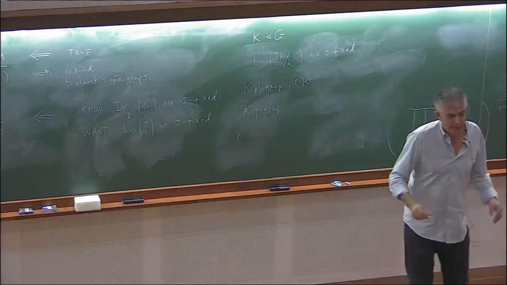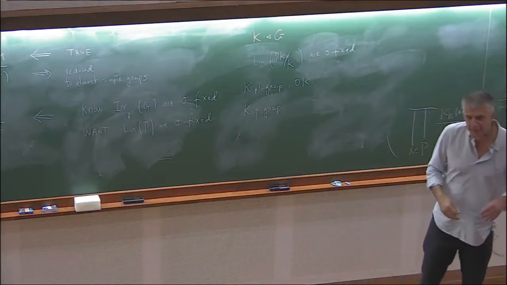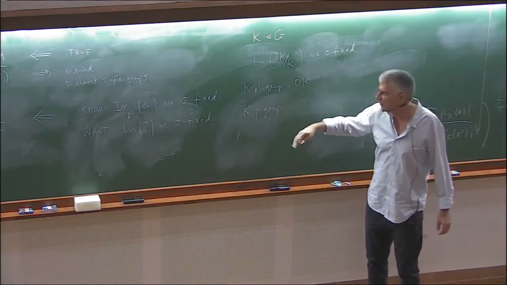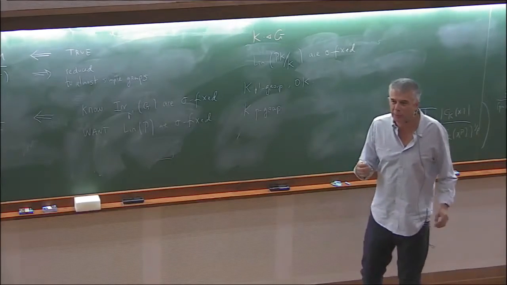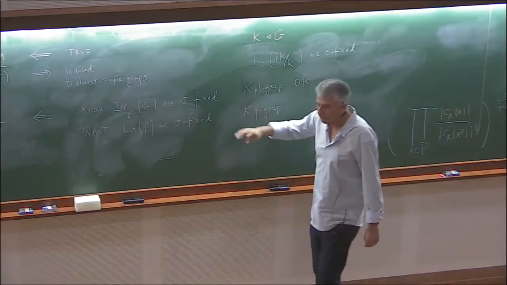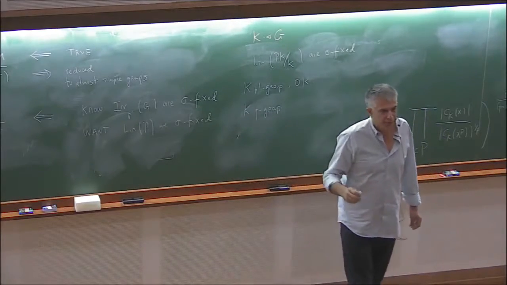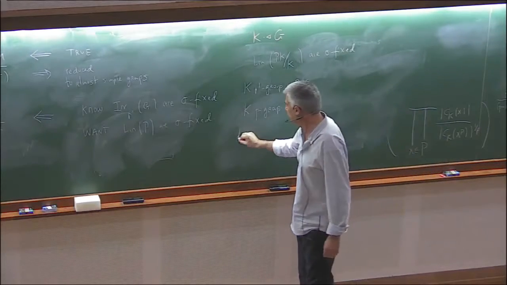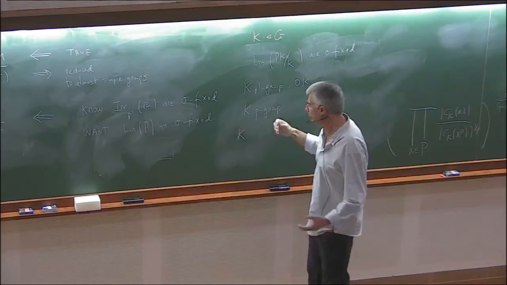Not trivial, it's nice character theory, but it's not a triviality. So I do these two things, and then I may assume, as I try to approach as much as possible to TIEP, and TIEP is about simple groups, that K is a direct product of simple groups.